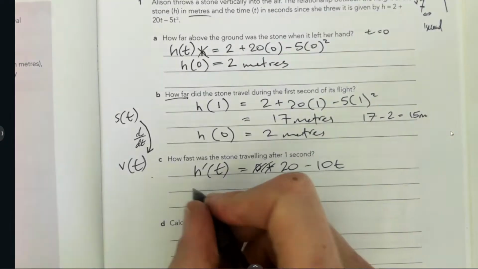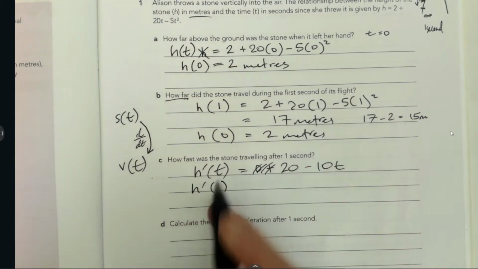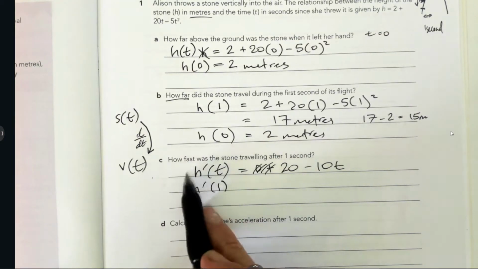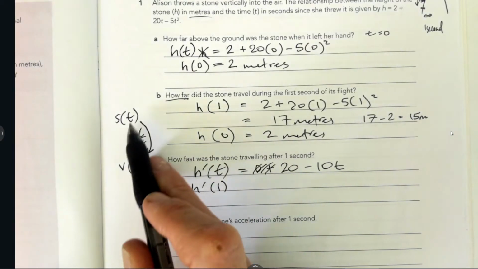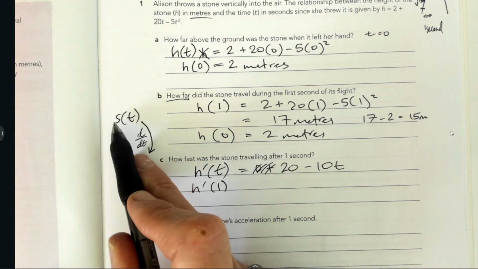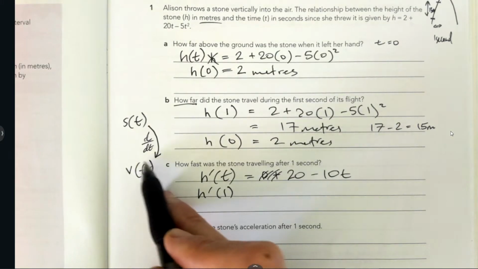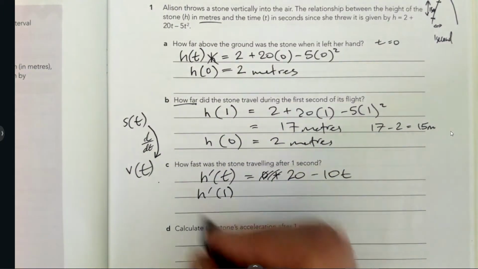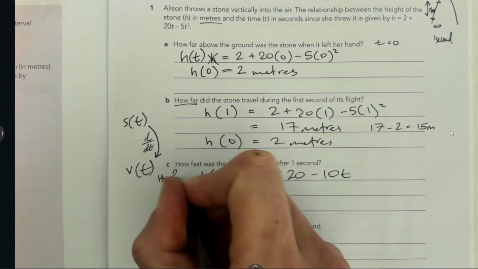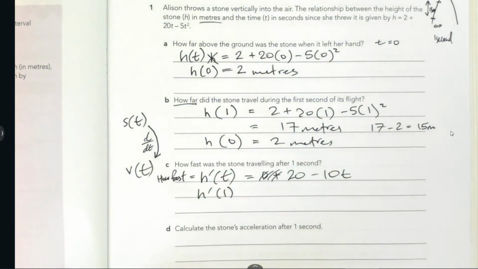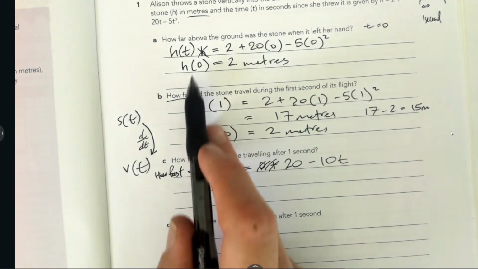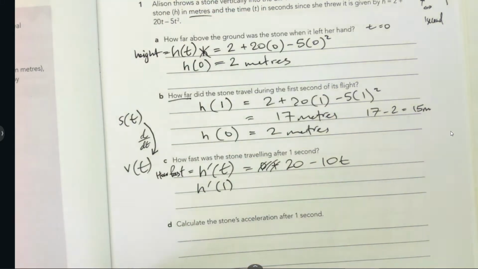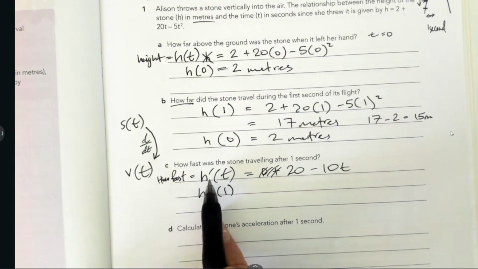So how fast after 1 second? We're going to have to do h dash of 1. We decided that the derivative of height, which is a measure of displacement, is going to take us to velocity. So h dash of t is a measure of how fast, whereas this one was height, and now we've gone down to how fast by the derivative.